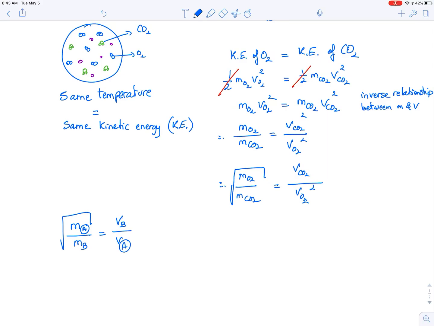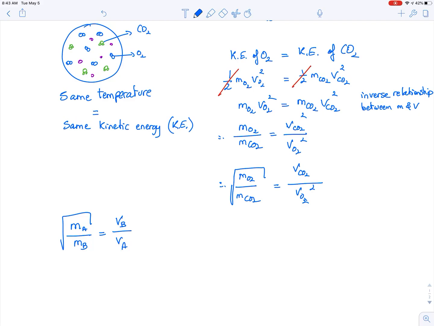Let me say that again. If you have the molar mass of gas A on top on the left side, then on the right side, gas A is going to go on the bottom. You're going to have to divide by the velocity of gas A. If you have gas B on the bottom in the molar mass on the left, then the velocity is going to be on top of the ratio on the right side.